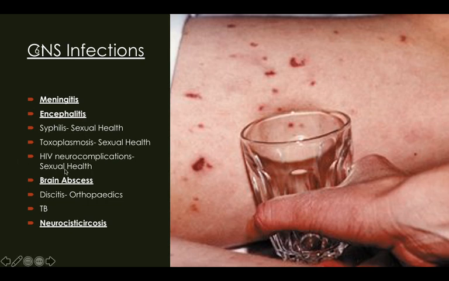We've got all the HIV neuro complications, which would come under sexual health, things like progressive multifocal leukoencephalopathy caused by the JC virus. You've got things like discitis, which probably would come under the orthopedics part as well. So a lot of this is under the locomotor module of year 4, but I'll be covering the 4 ones that are boldened here, mainly meningitis and encephalitis, to be honest.